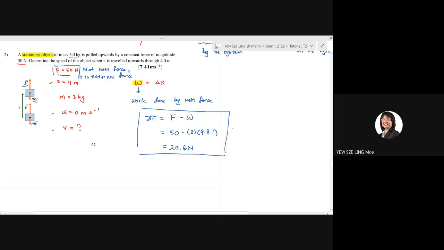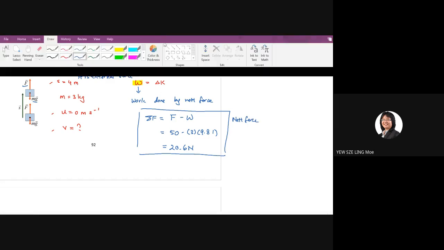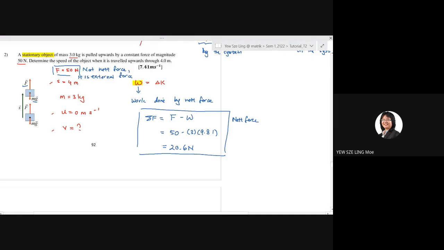From the net force, we can then calculate the work done, and from there determine the final velocity.